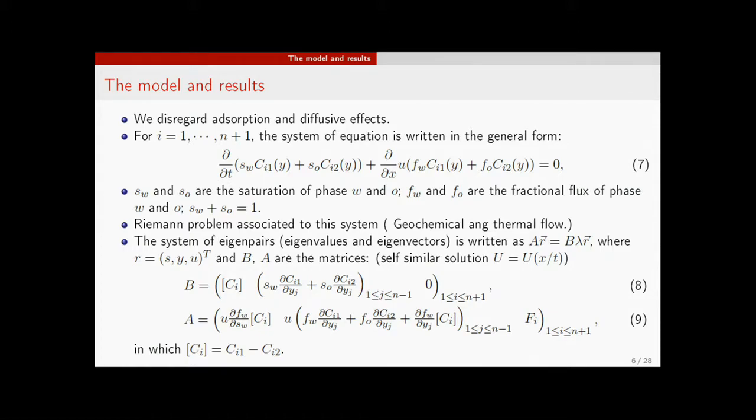The generalization consists in considering a system in this way, where the chemical compound appears multiplying the saturations, and the Darcy velocity appears only in the flux. So the accumulation does not depend on U, and this implies that the Jacobian of the accumulation has a zero column.